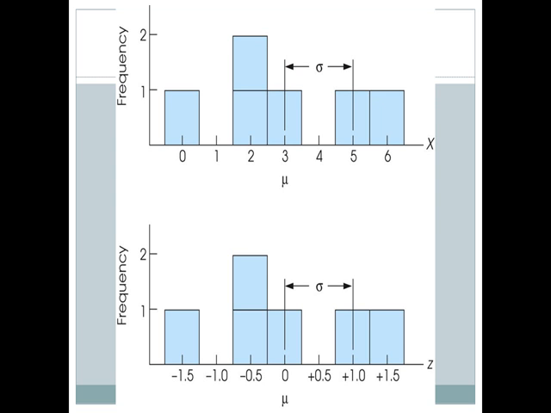The first important point is that the distributions are the exact same. The second point is that the mean of any distribution of raw scores is equal to 0 in z-scores. And the third is that the standard deviation for any distribution, when transformed into z-scores, will be equal to 1. Alright, those are 3 important points.